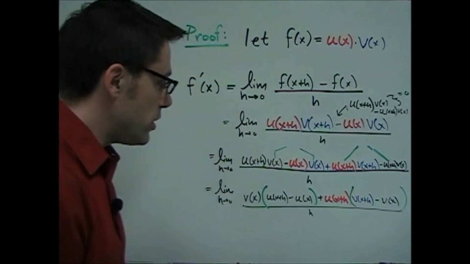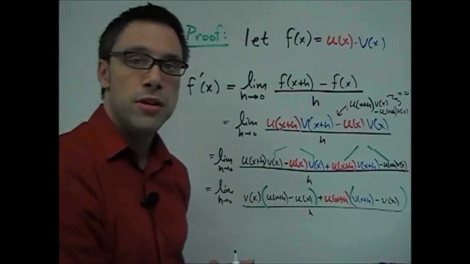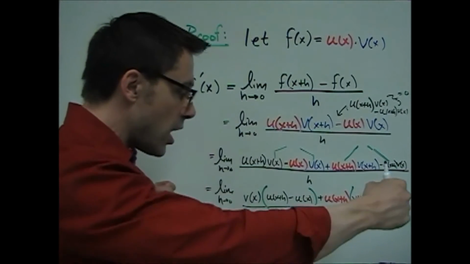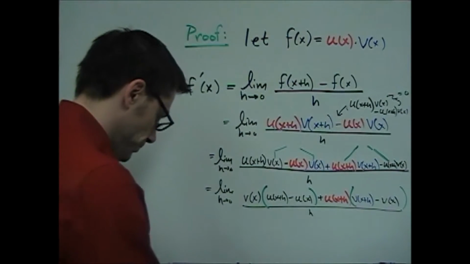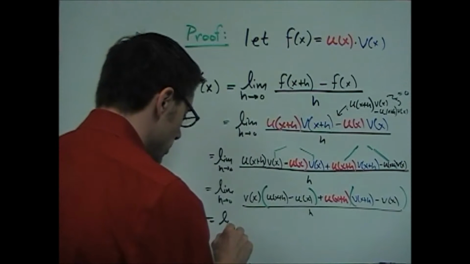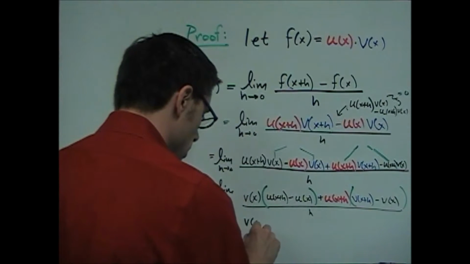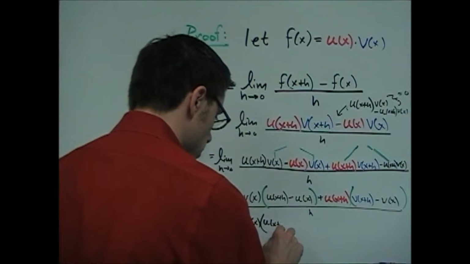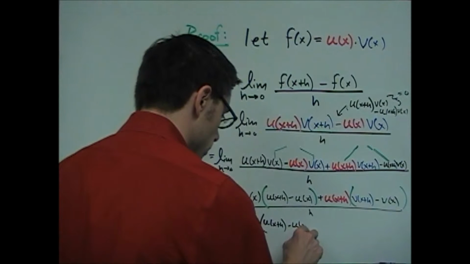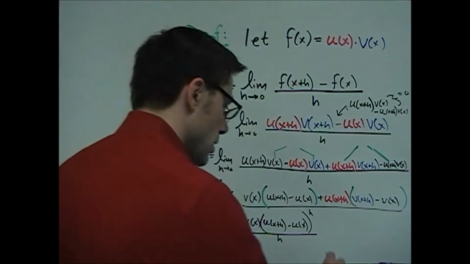Now, what I'm going to do is, these are all over h. So that means since there's a plus sign in between, I can break this up into a sum of two quotients with an h on the bottom. So let's go ahead and do that. We still have a limit as h goes to 0. This is going to be a v of x. You still got the u of x plus h here, minus u of x, all over h.